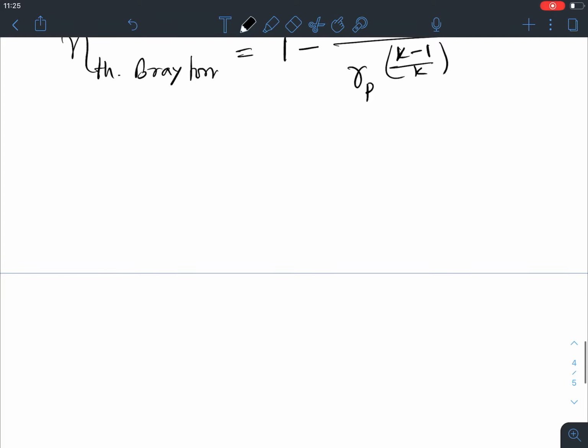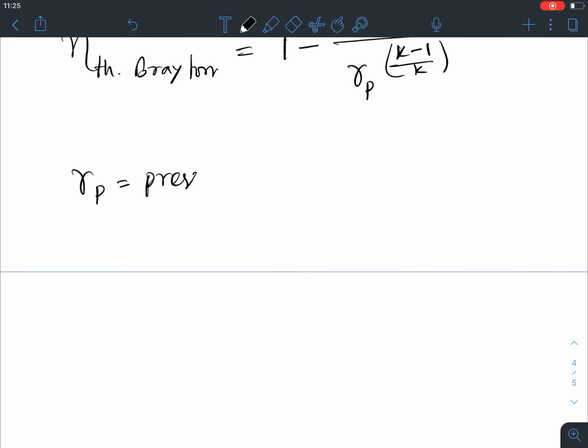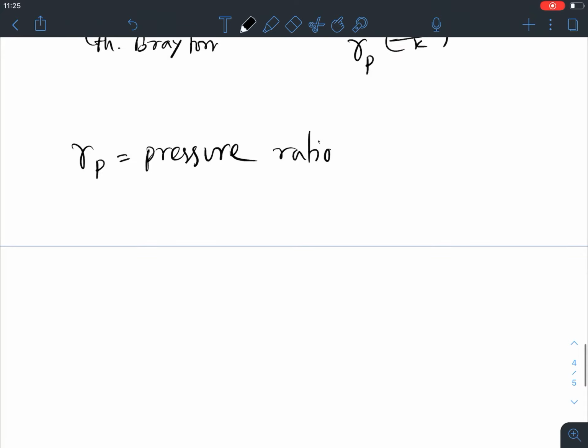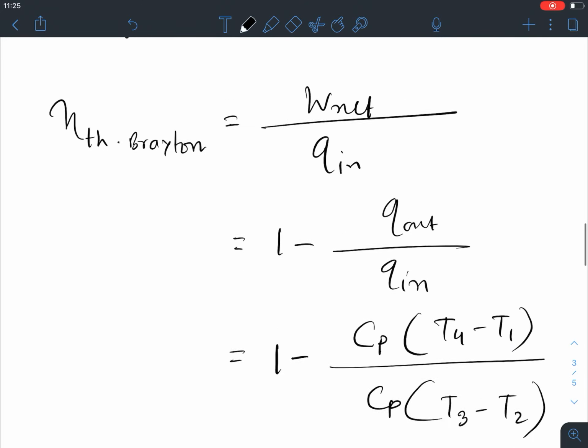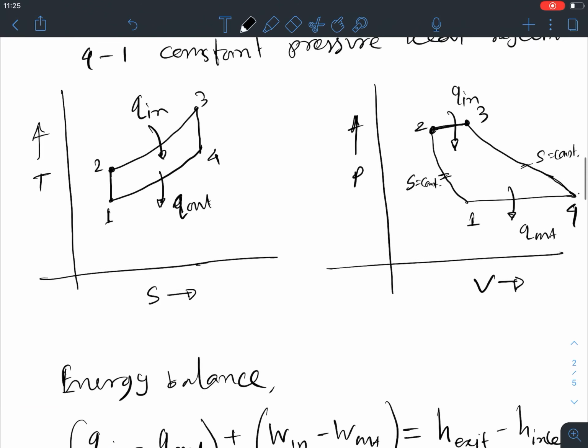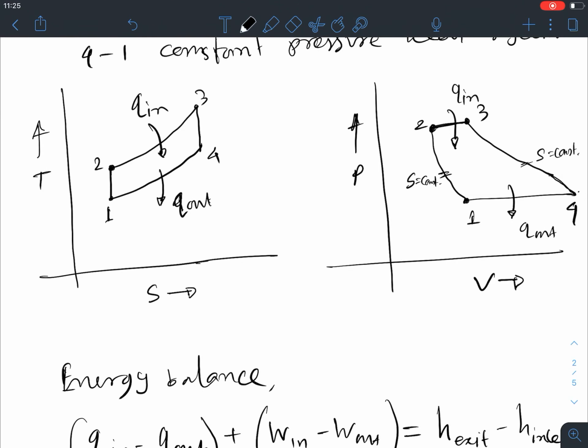So here we got another new term. In the Otto cycle we defined R, in the diesel cycle we defined Rc, and now here we got Rp, the pressure ratio. This pressure ratio equals P2 divided by P1.